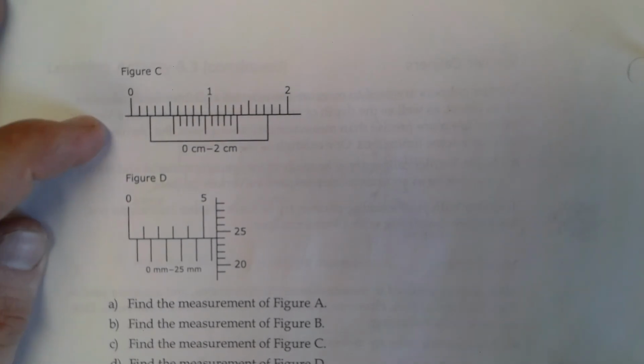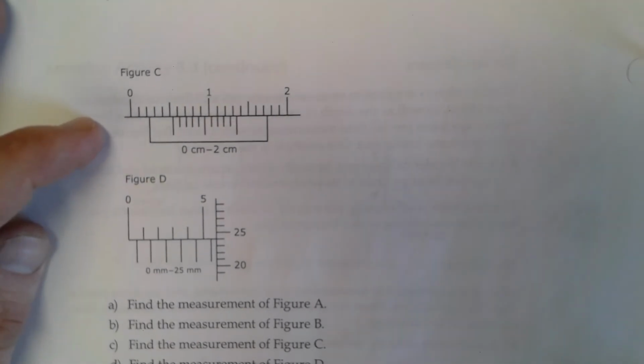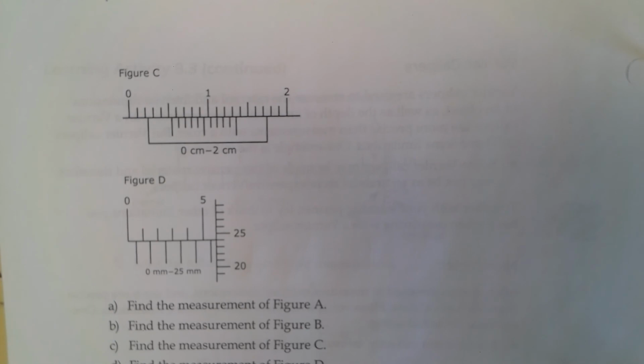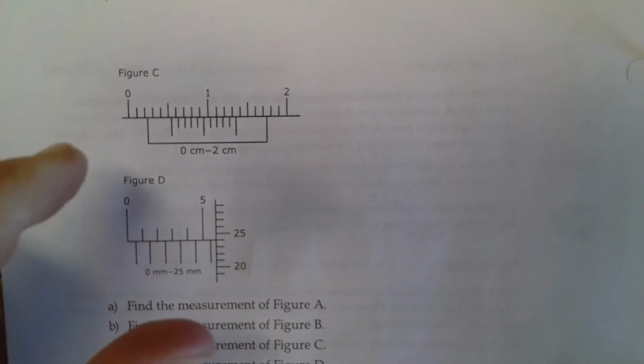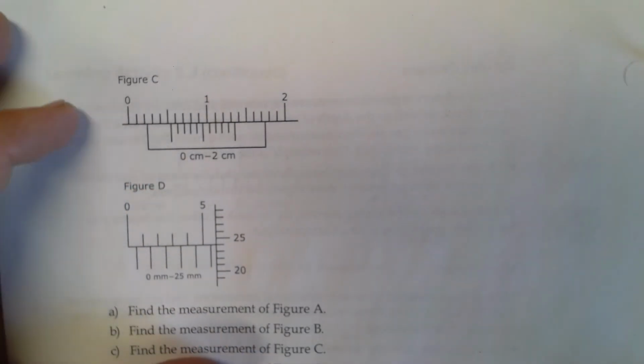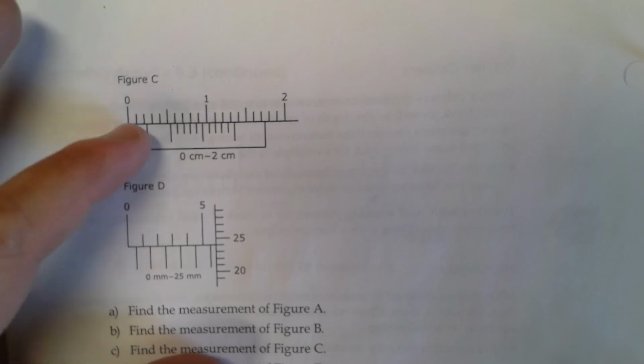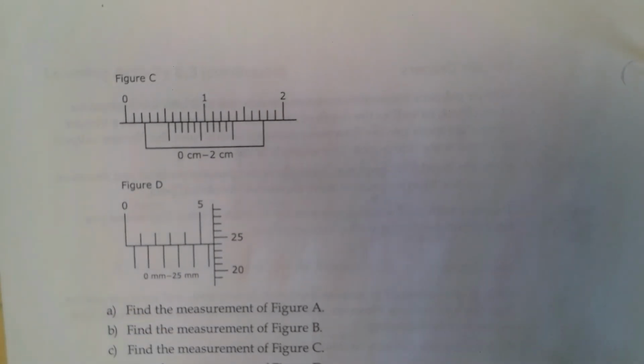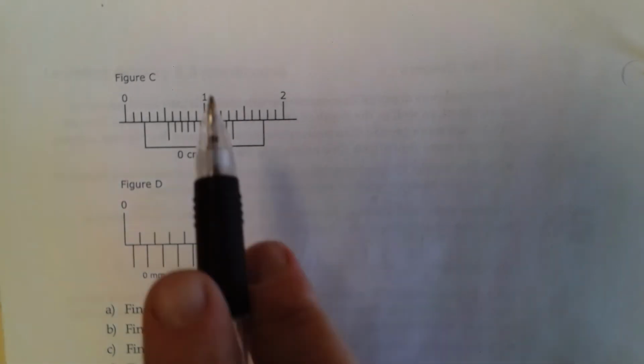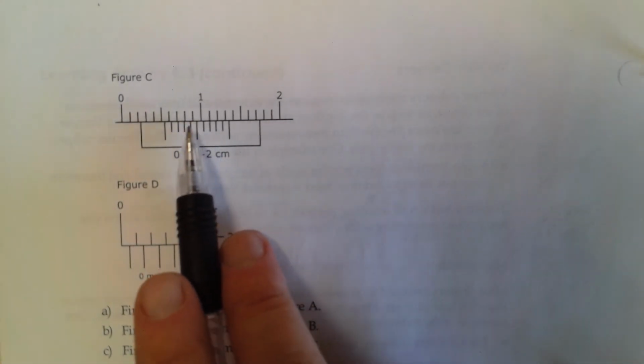Let's look at this here. We're talking about a measurement. Figure C. So our nearest whole number is 1.